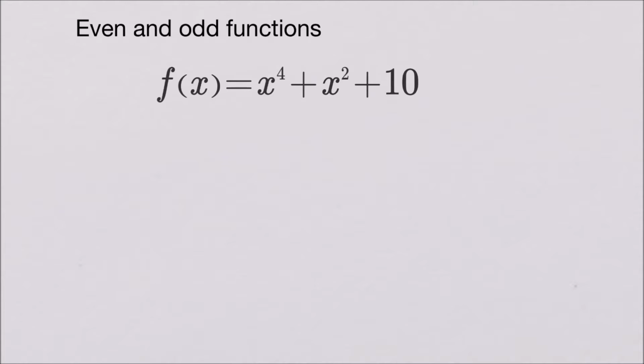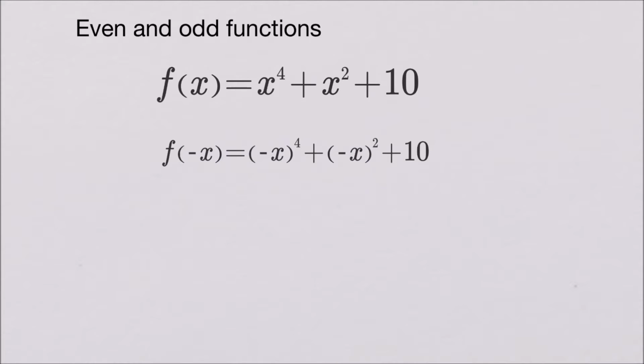So what we're going to do is we're going to take our function and plug in a negative x. So we'll have f of negative x equals negative x to the fourth plus negative x squared plus 10. So what does this equal?